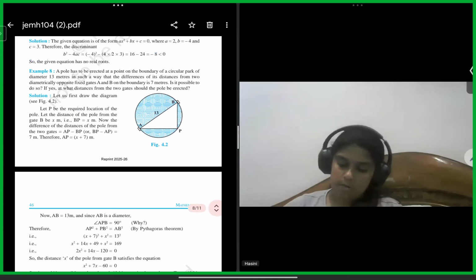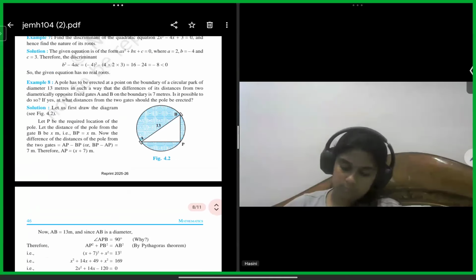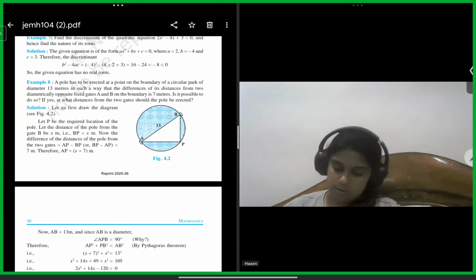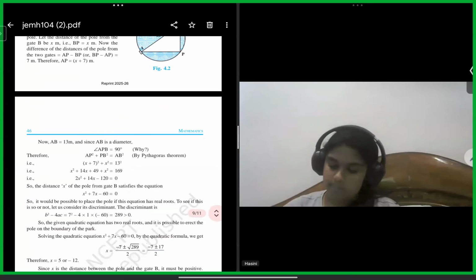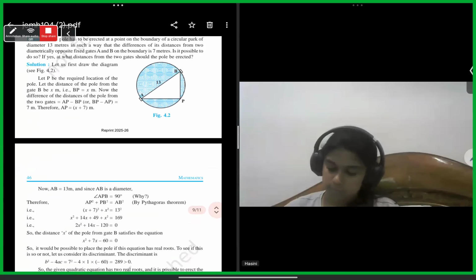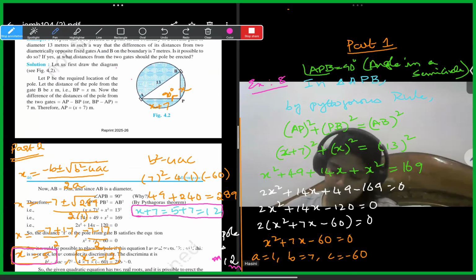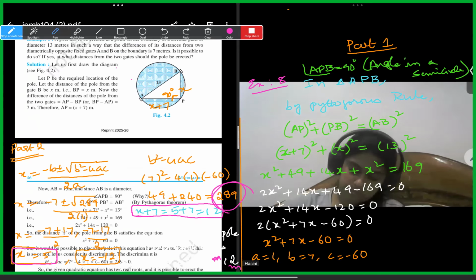So they asked us to find out clearly in the final question: is it possible to do this? Yes, because we got b square minus 4ac as greater than 0. I should write one statement because I didn't write that statement there. b square minus 4ac is 289, which is greater than 0, no?